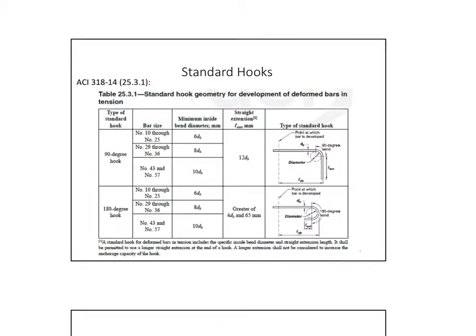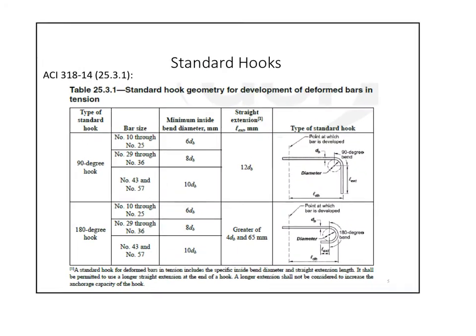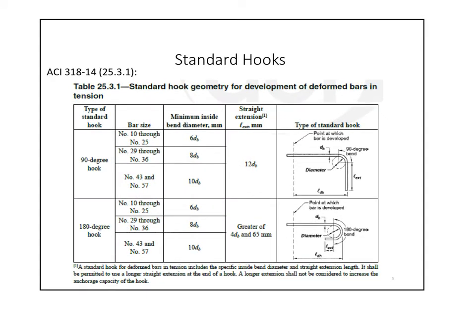Here's the table, and it tells you that if you're going to get a standard hook, this is called a standard hook. You can do any other hook, but it's not going to be a standard hook if it is not following that table. Now, in terms of distances, the hooked part after the bend is called L extension.